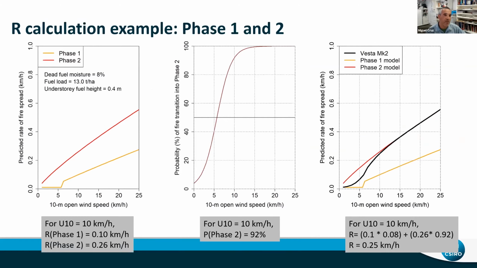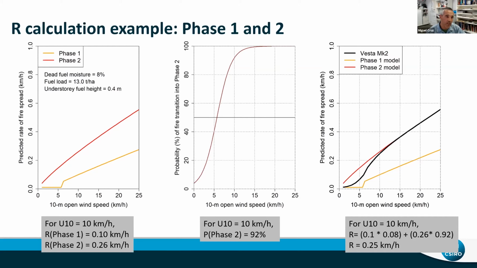And what's done is that we have 2 or 3 rates of spread, and the overall rate of spread is a weighted average of the likelihood, the probability that the fire is in each function. So as an example here, on the left, we have a figure of the rate of spread curves as a function of wind speed for phase 1 and 2.